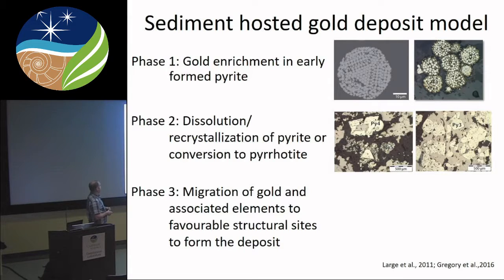So the model for sediment-hosted gold deposits is that you have gold enriched in early pyrite. During metamorphism or recrystallization of the pyrite, or conversion to pyrrhotite, the gold is freed from that early formed pyrite. It can travel with metamorphic fluids to favorable structural sites to form the deposit.